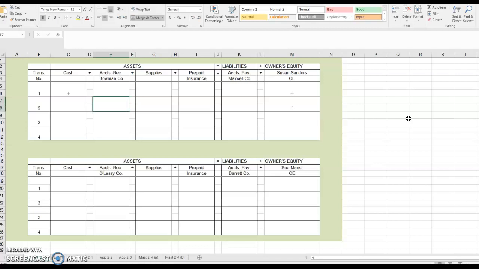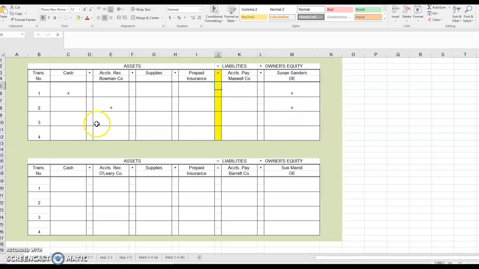So when we sell to them, that is when we make the increase. So we're going to increase our accounts receivable, Bowman Company. Remember, here is our teeter-totter line. So this is still in balance. Our pluses and our minuses are staying in balance.